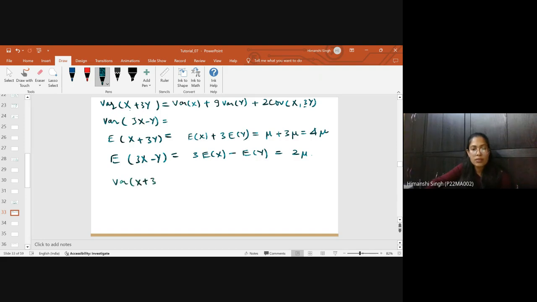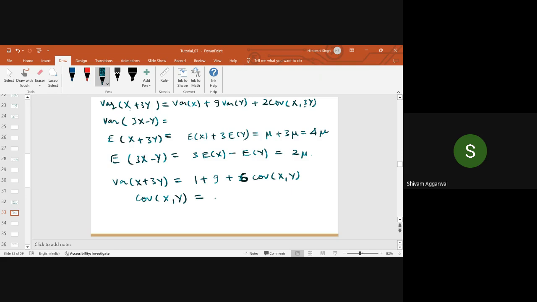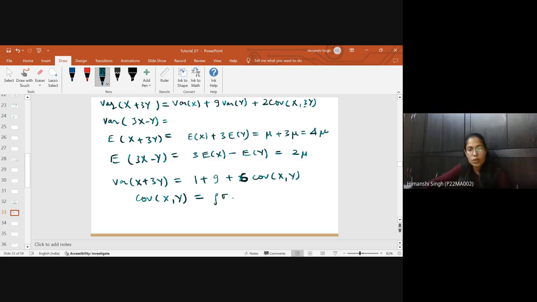So the variance of x plus 3y will be: variance of x we know it is 1, variance of y we know it is 1, so it is 9, plus twice, the 3 will come outside, so it will be 6 times covariance of x comma y. Now covariance between x comma y will be rho into sigma x into sigma y.